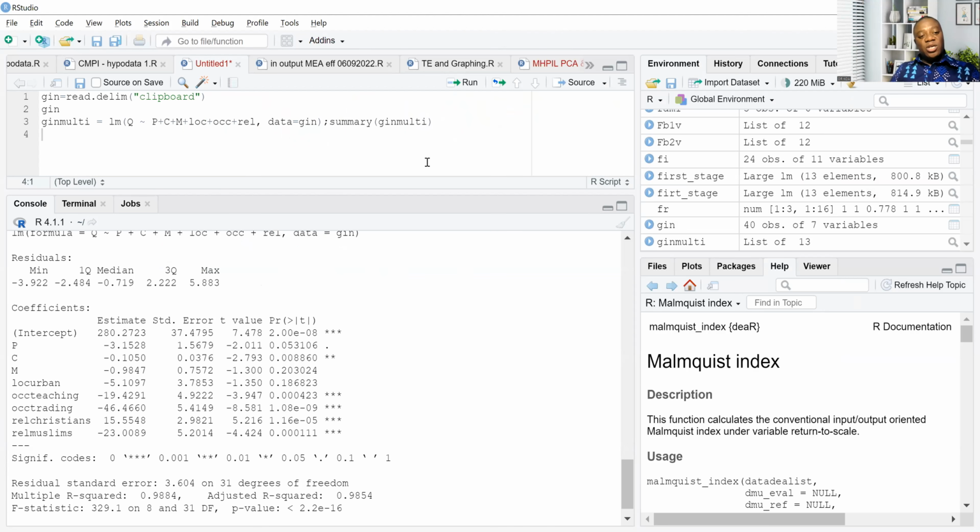And which ones are the categorical or dummy variables? Remember, a dummy variable has levels in it. So which ones are the numbers?